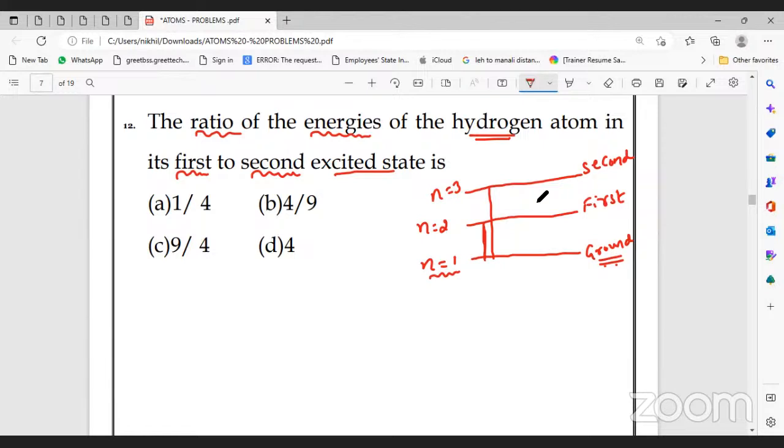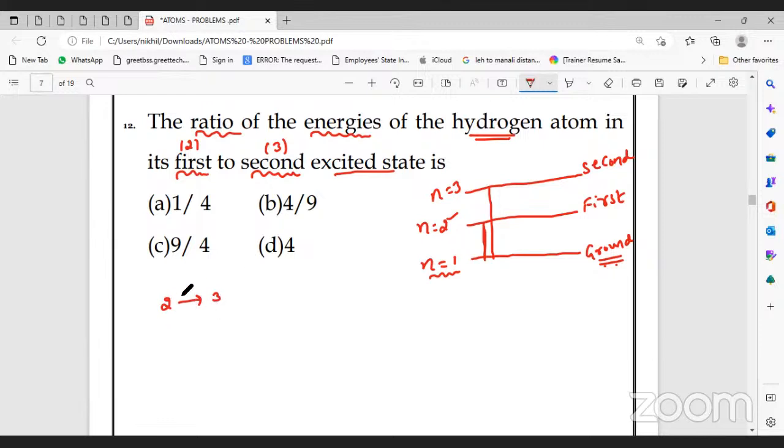So which is the first excited state? n equals 2. And the second excited state means 3. Please remember, the electron is going to excite from 2 to 3.